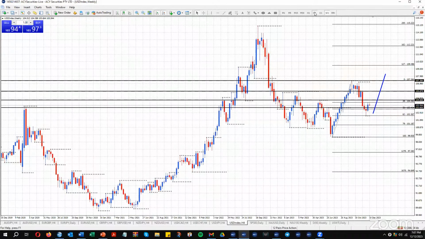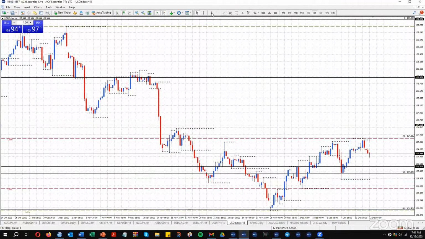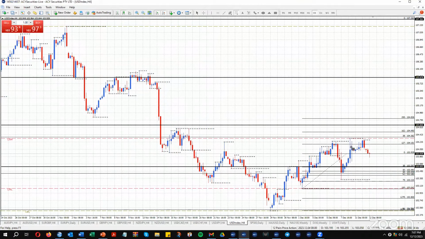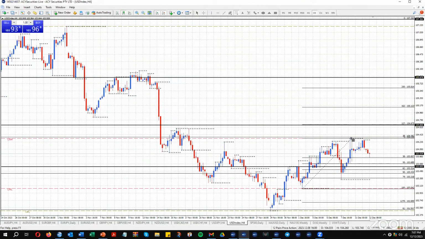So we'll drop down to the 4-hour chart here on the dollar index. I've got my weekly high to low here, and I'm just going to monitor that range. And I'm going to be monitoring the 62 to 79% area and seeing how price reacts within that area if we do pull back on the dollar index.